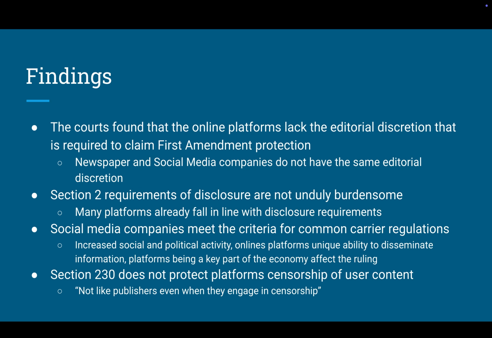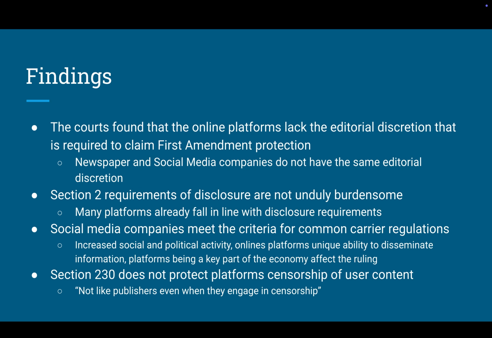Now looking into Section 230, the courts used the First Amendment doctrine to understand how Section 230 can be used in this case. In using this doctrine, they found that the regulations survived the intermediate scrutiny test that is applied to content-neutral rules. The courts concluded that the platform's censorship cannot be considered their protected speech.